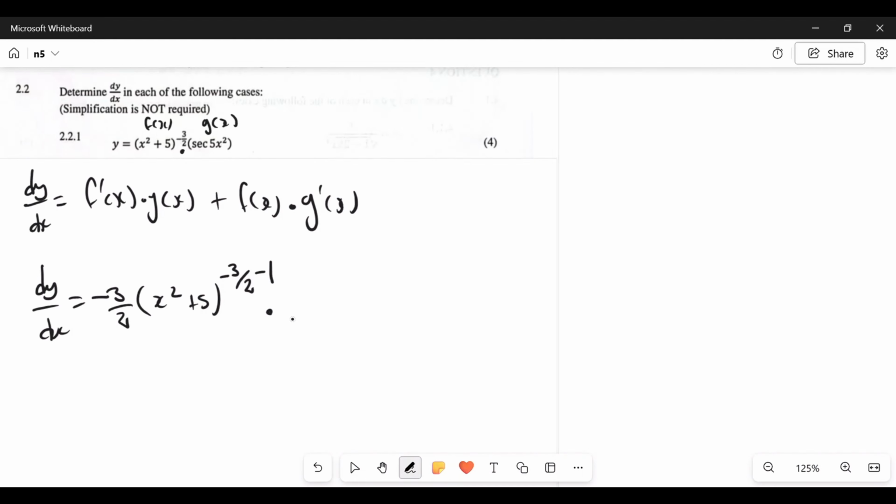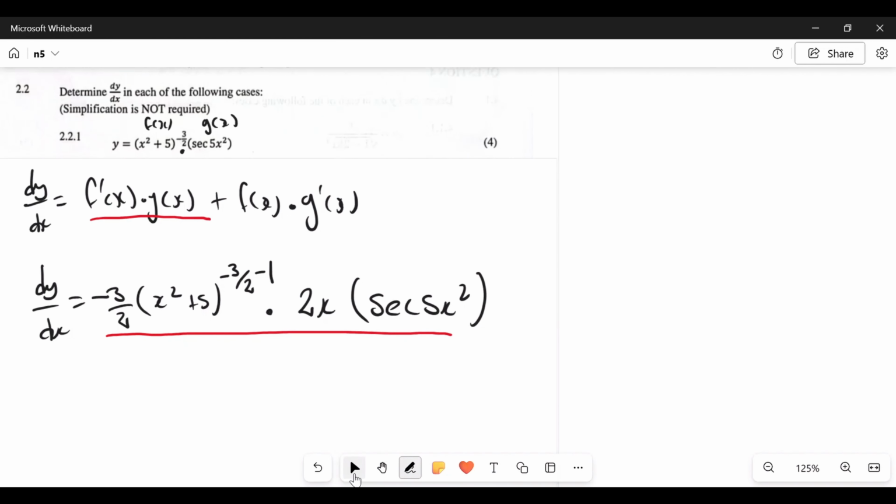If we derive x² + 5, this is going to be 2x. So this here is our f'(x) multiplied by g(x). Our g(x), remember, is sec 5x², then close the bracket. So this part here is this part there, plus.